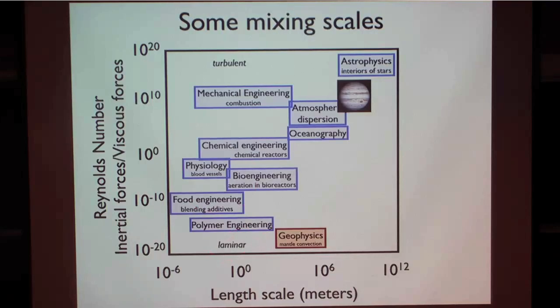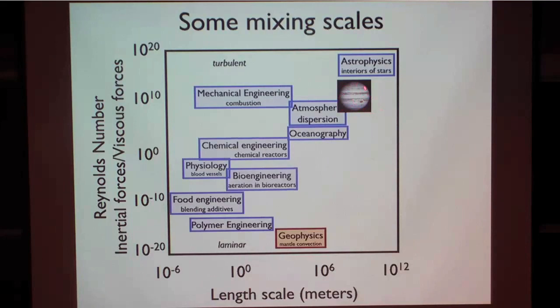When the Reynolds number is low, the flow is known as laminar, and it doesn't have small eddies, which would help mix the flow. So when I use food analogies like the toffee pull and the marble cake, it's because they fit with this low Reynolds number flow, and they are at a length scale that we human beings can understand and grasp readily. If we go up, I put Jupiter on here in honor of the Juno mission, which just went into orbit around Jupiter.